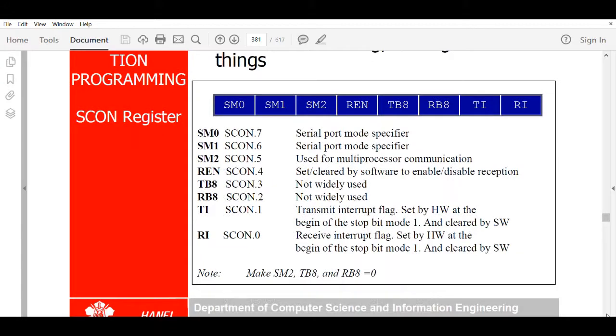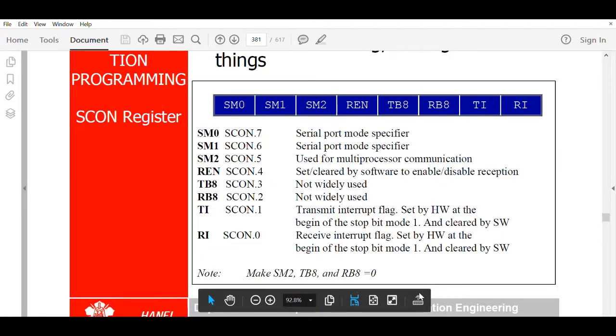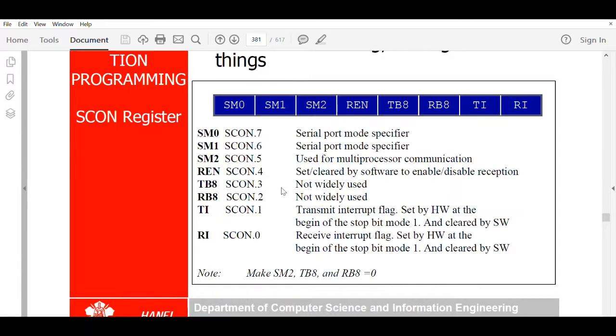So we will deal with this later on. You have 2 bits which are not used. Serial port mode specifier: mode is specified by SM0 and SM1. If you have multiprocessor communication, then you use SM2.